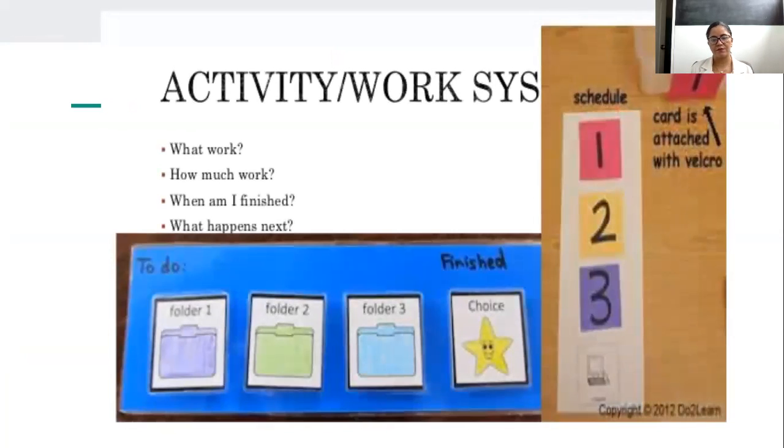Or something like this, which is quite similar, in which they know what work to do, how much work to do, when they are finished, and what is going to happen next. Because let's remember something else. Anticipation is key when you're working with special educational needs students, because they are always very eager to know what is happening next, even if they haven't started an activity. So having that in one place will help them a lot.